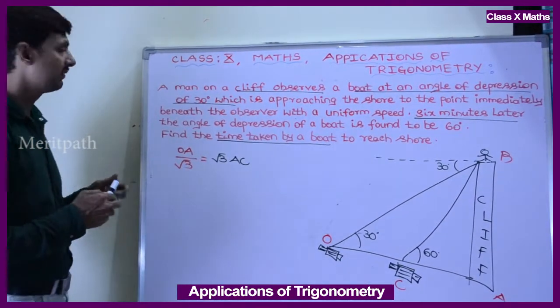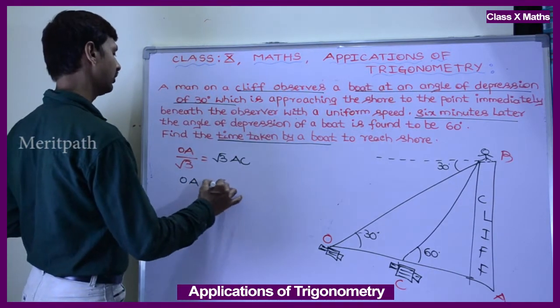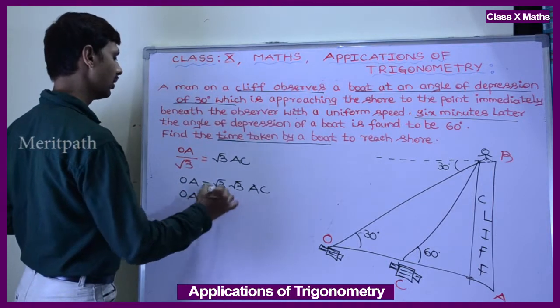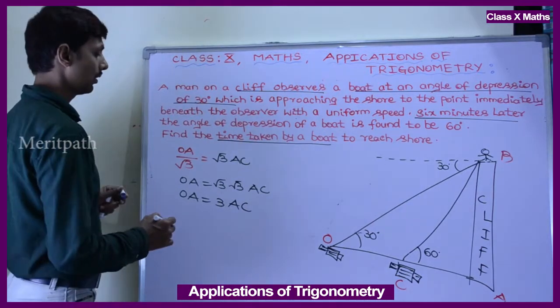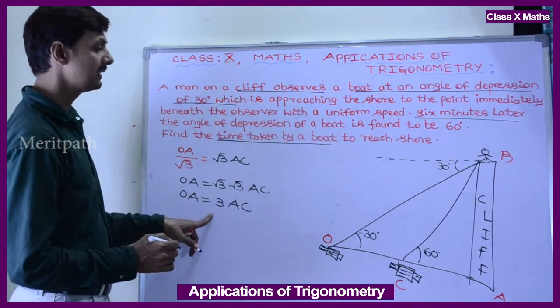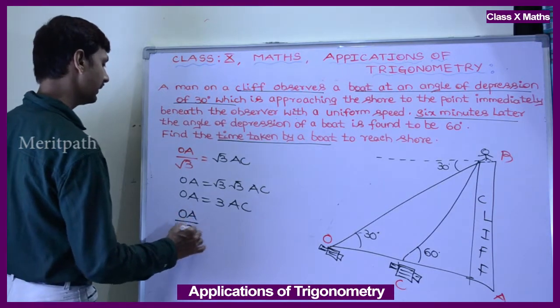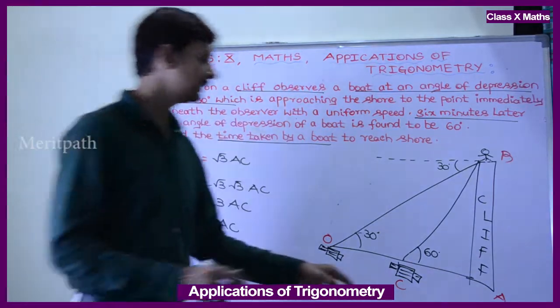On simplification, OA is equal to root 3 into root 3 AC, which is 3 AC. So AC is equal to OA by 3.